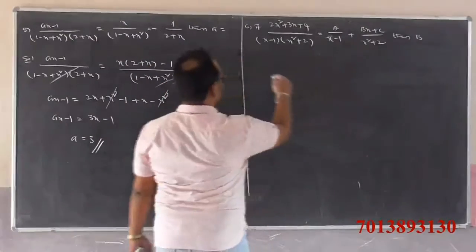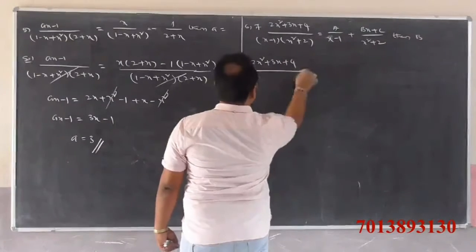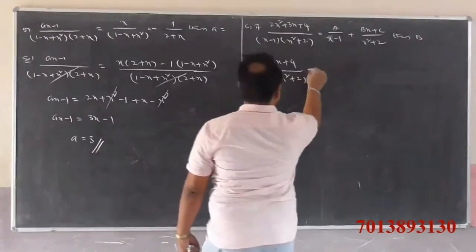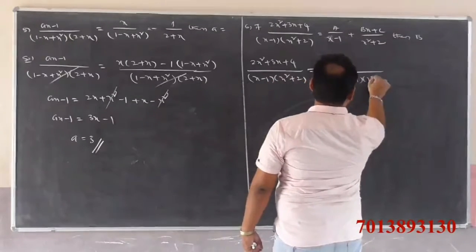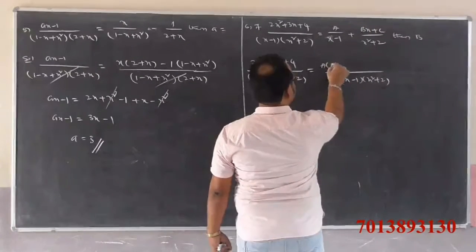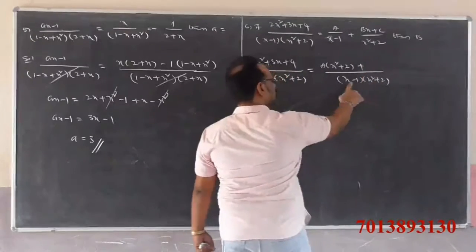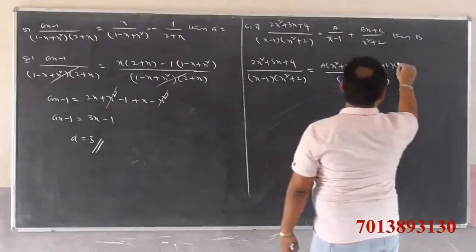If you do LCM here, we get 2x square plus 3x plus 4 is equal to, clearly the LCM is (x minus 1) into (x square plus 2). The x minus 1 cancels. We get a into (x square plus 2), and the x square plus 2 cancels, we get (bx plus c) into (x minus 1).